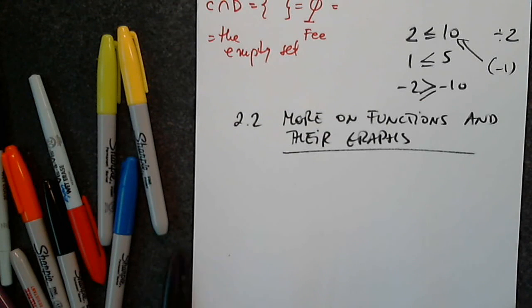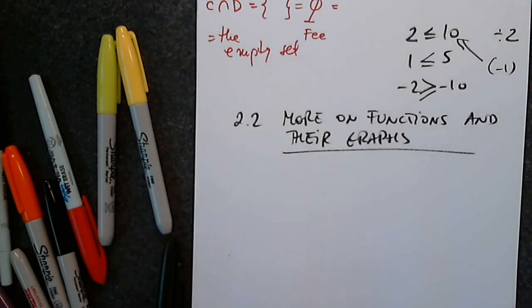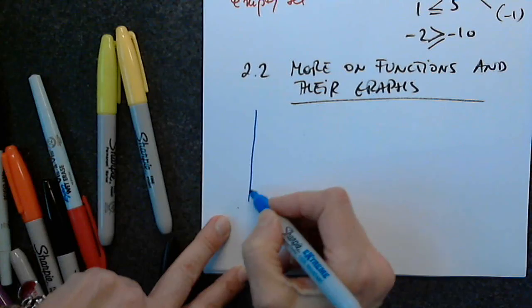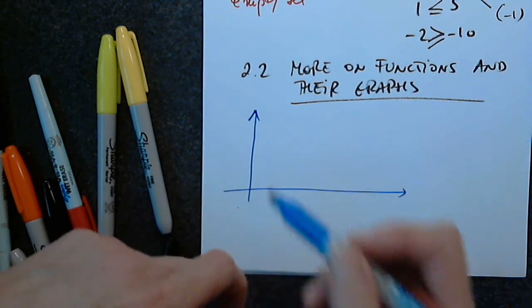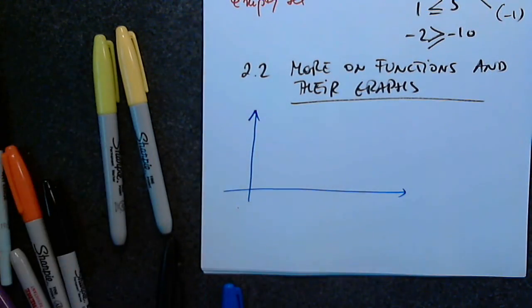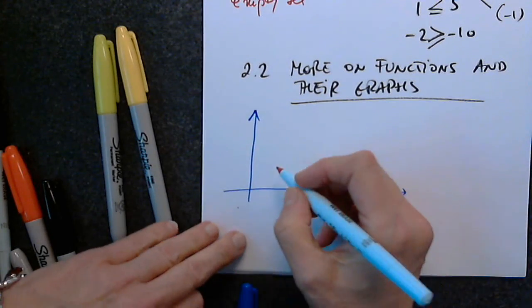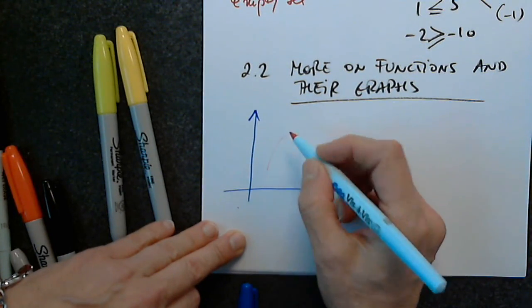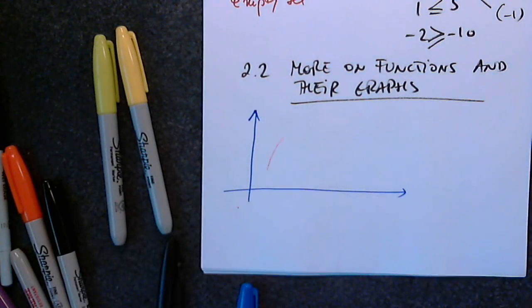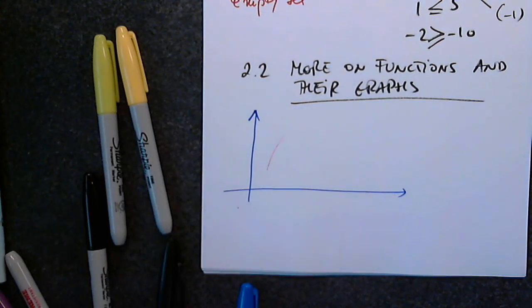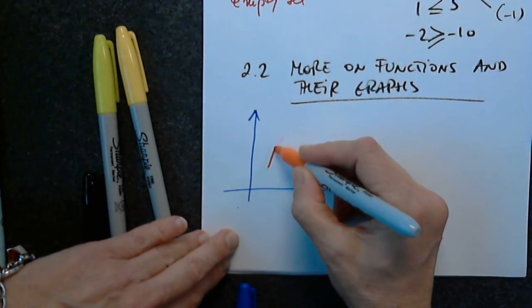One thing that I would like us to look at is that functions can increase, decrease, or be constant. So let's suppose we look at the following graph. I'm creating a graph right now.